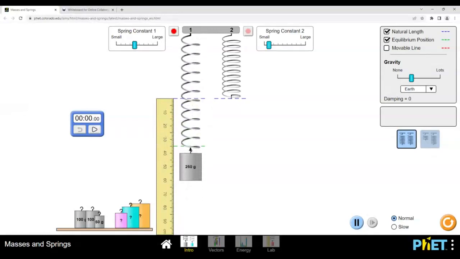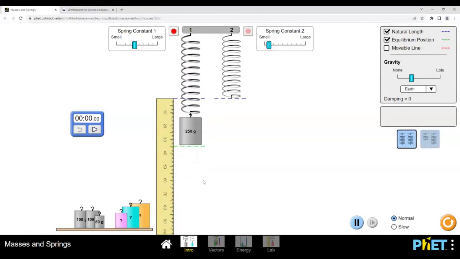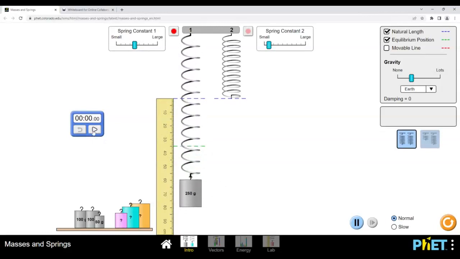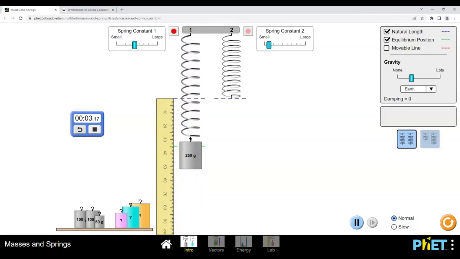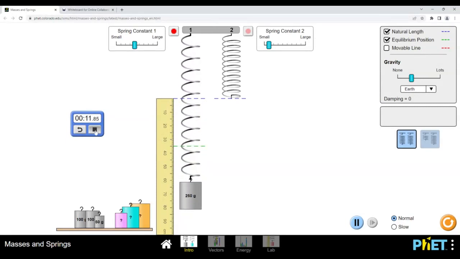So just to show that it works either way, I'm going to measure from the bottom this time, and then I'm going to start at 0, and then watch it go up and down, and then that's 1, and so on, so on. So 0, 1, 2, 3, 4, 5, 6, 7, 8, 9, 10.